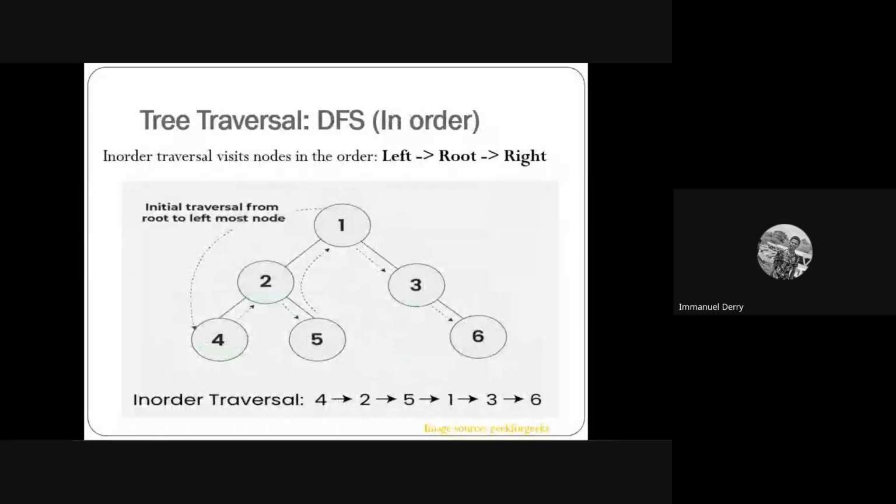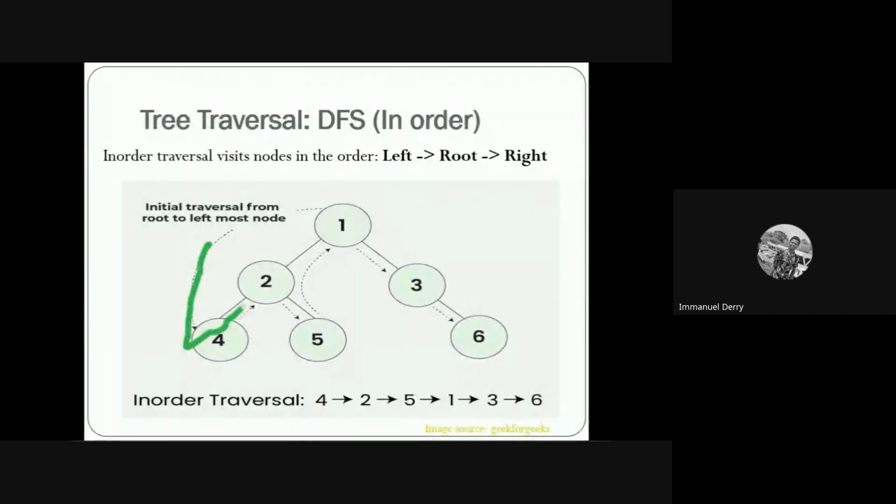And now for DFS, we have the in-order traversal. And for the in-order traversal, this is the rule. So we have left, root, and then right. Left, root, and right. That is for DFS in-order. So the initial node here is this particular one we have here. So this is the left that we have.